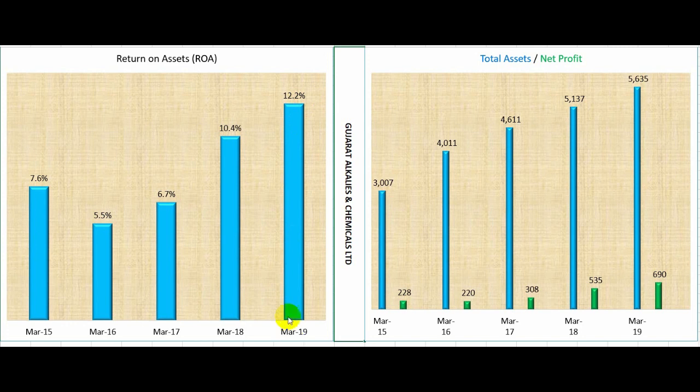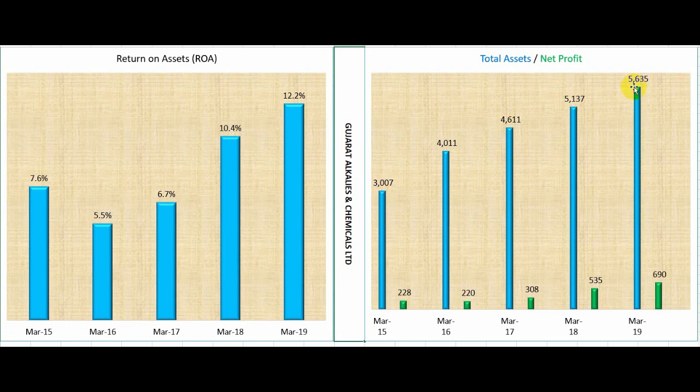In March 19, the company's ROA has increased finally to around 12.2%. The total assets in this case is 5,635 crores. This includes the debt, the equity, plus any other liabilities that the company may be having.